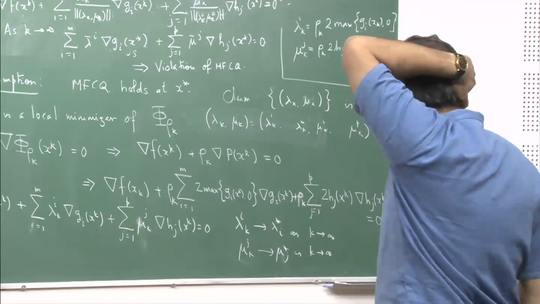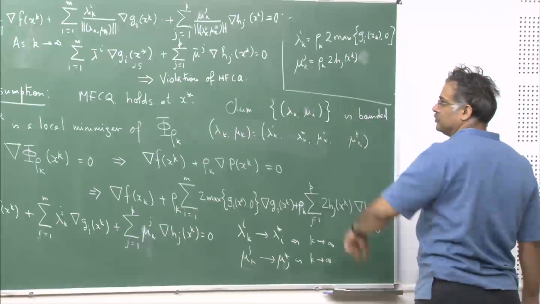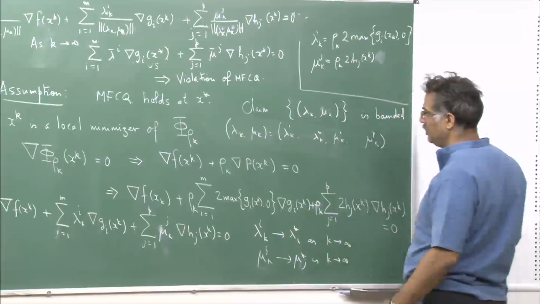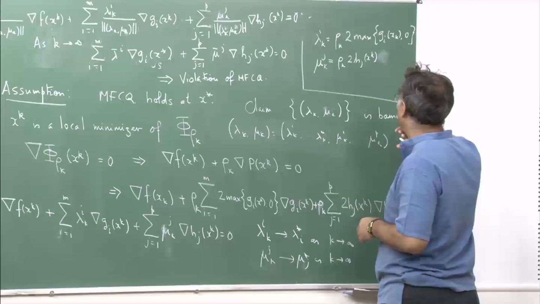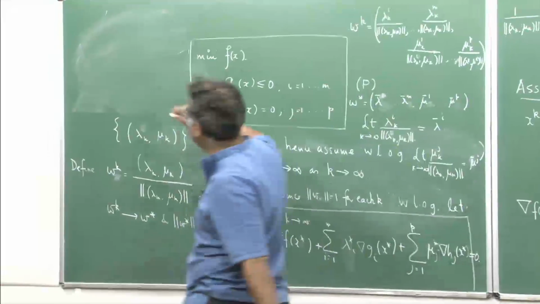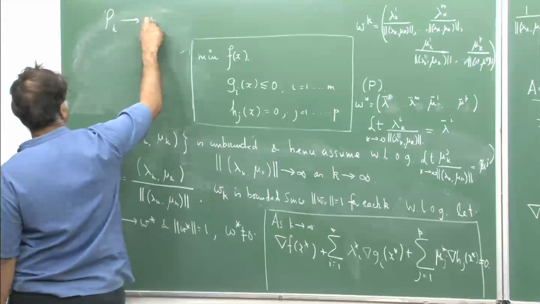Okay, now what we have proved is that these sequences are bounded. We are saying that these are not unbounded sequences. If the sequence is unbounded, then we lose MFCQ at x bar. But remember, when we run a penalty method, rho_k goes to infinity.